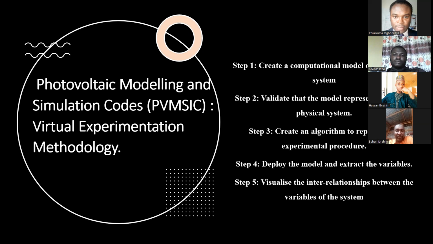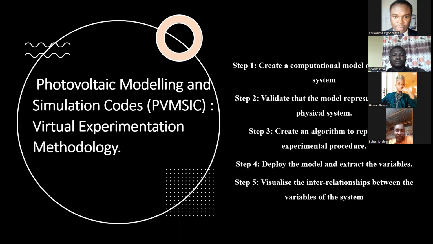Let's assume you want to experiment with a 100 watt PV model. The first thing you need to do is create the 100 watt PV model. Once you create the code representing that physical system, the second thing you need to do is validate whether the model actually represents the 100 watt PV model.